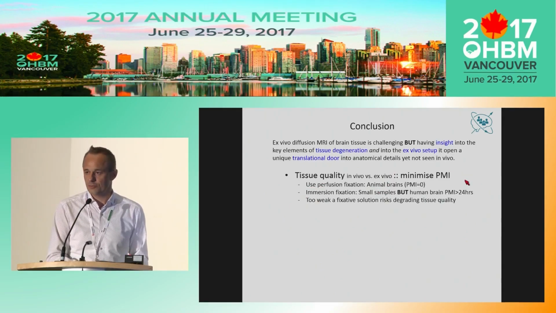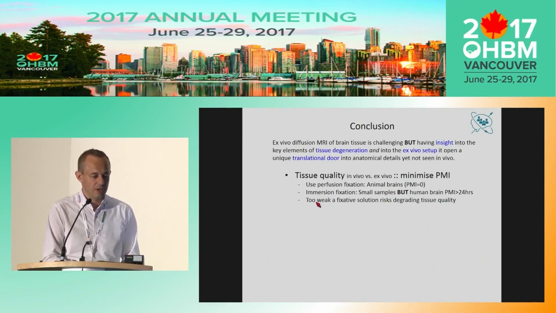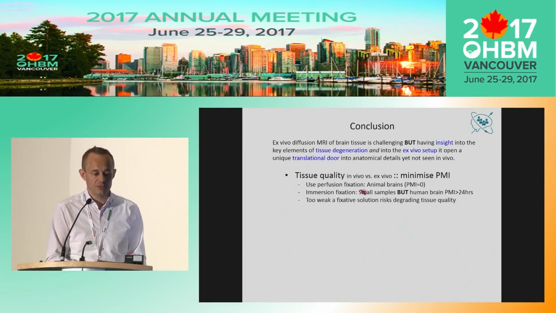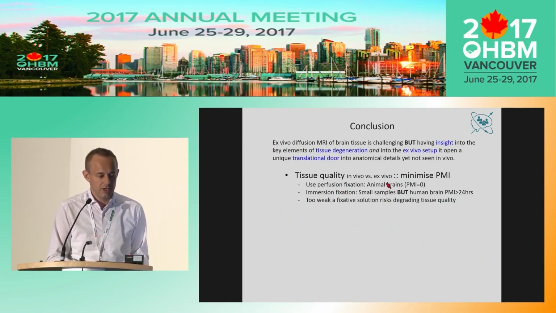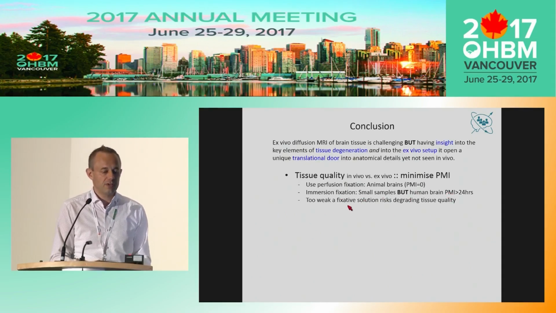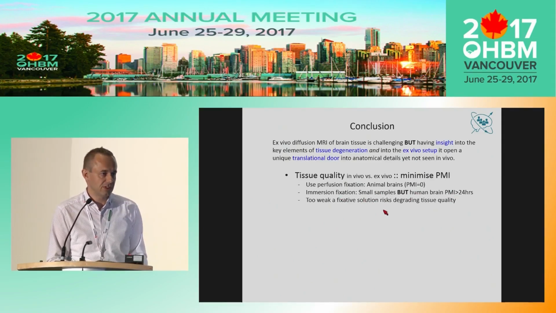And the trick here is to minimize the postmortem interval. Here you can use perfusion fixation, and that works for animals. You can also look at immersion fixation, but that should probably be more for smaller samples. And the challenge is to keep a low postmortem interval in humans. Too weak a fixative is not good. That will also introduce degeneration because it cannot fix the tissue well enough.